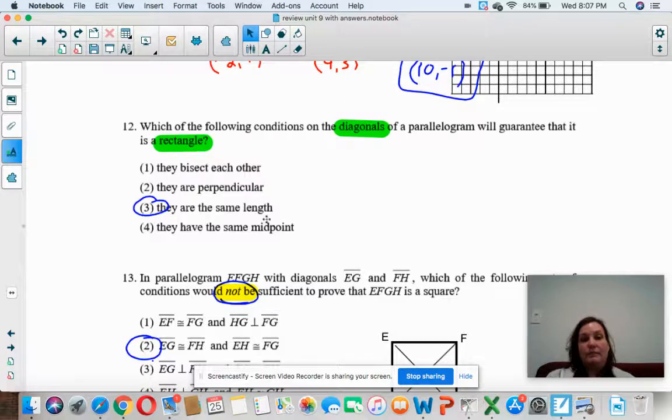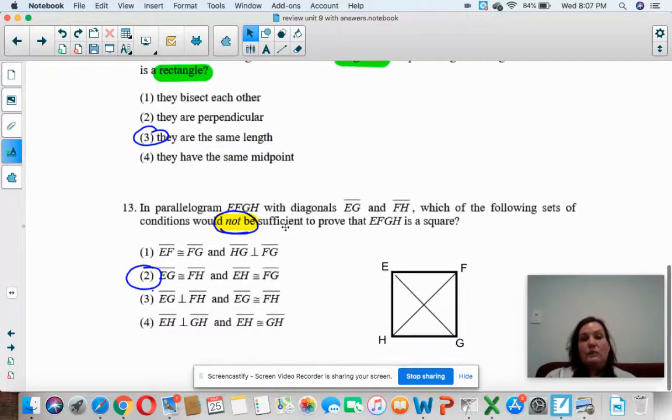All right. This wants to know which would not be sufficient to prove that EFGH is a square. I drew EFGH for us, and I want to know what would not be sufficient to prove it's a square. So choice 2, EG, which is a diagonal, is congruent to FH.